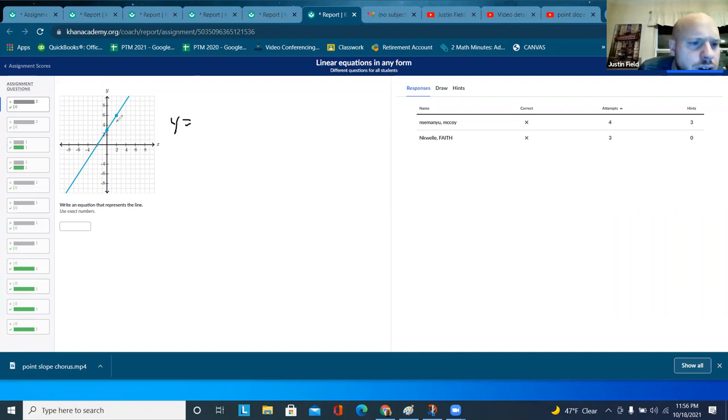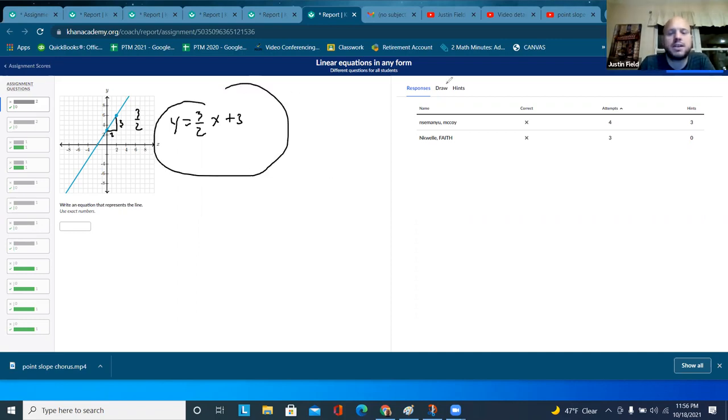So we are just going to draw this little triangle here to get my rise and run. It's running at 2, and it's rising from 3 to 6. That's 3. So 3/2 is my slope. 3/2x, and my y-intercept is 3 plus 3. Yeah, that's the answer.